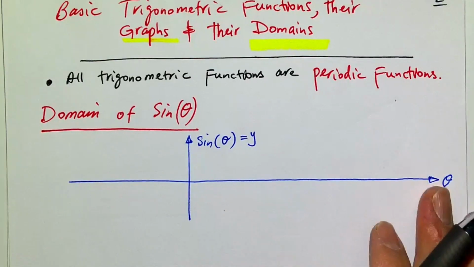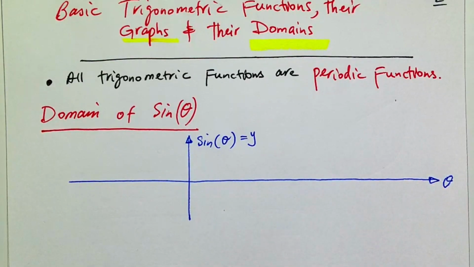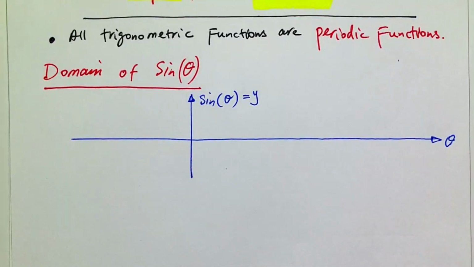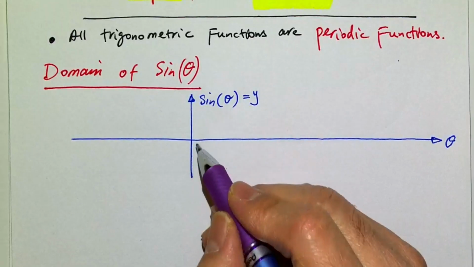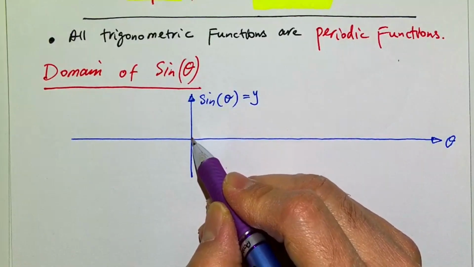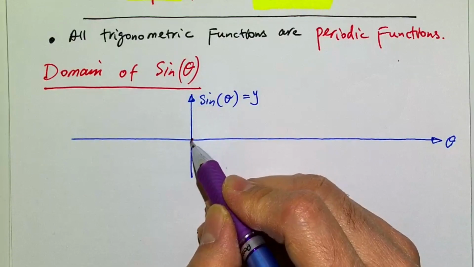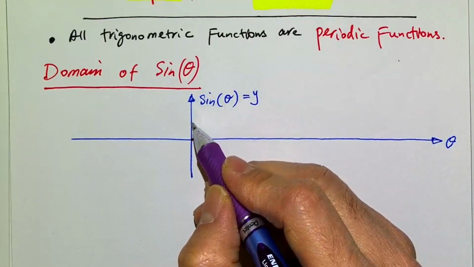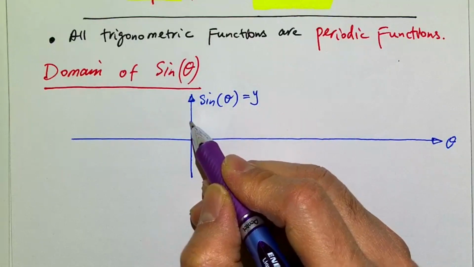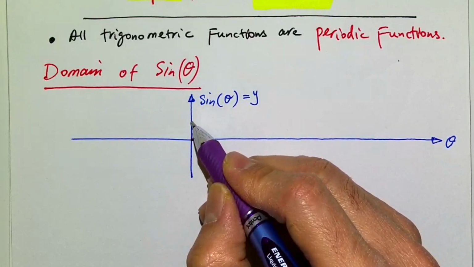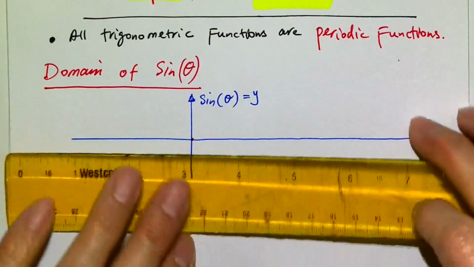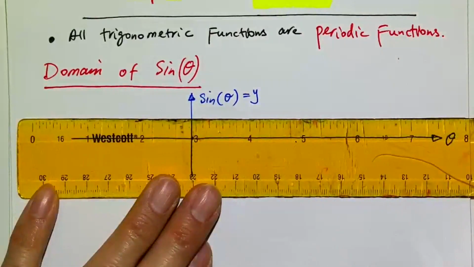So if we draw a sine function, this is how it would look. It would go through the origin. I'm just going to draw some dashed lines to make sure that my graph is as accurate as possible.